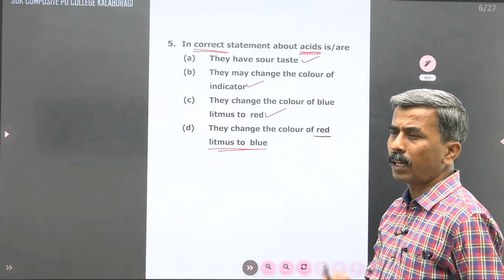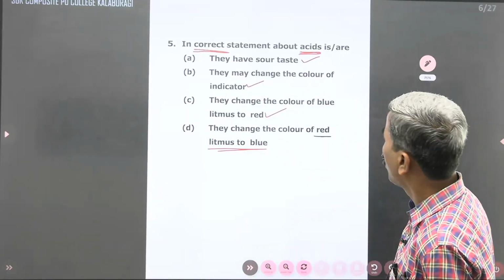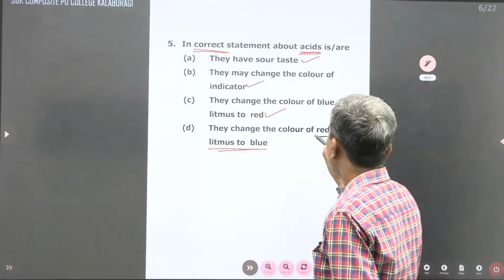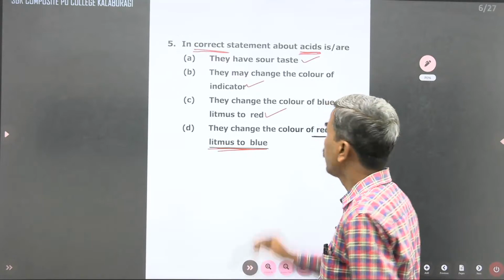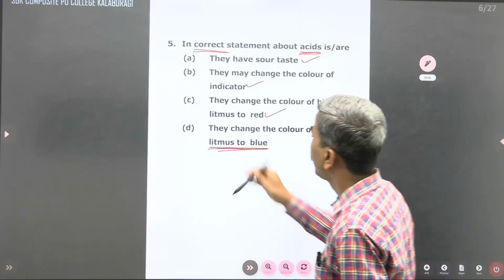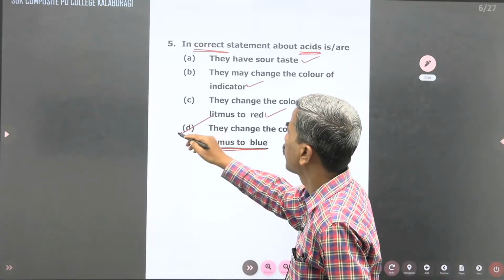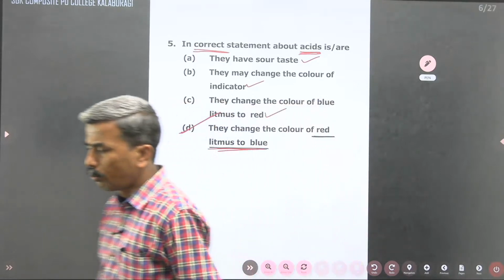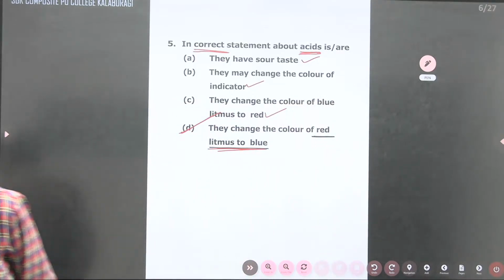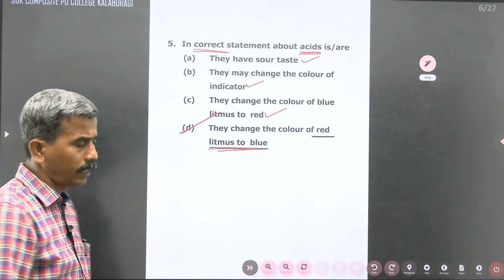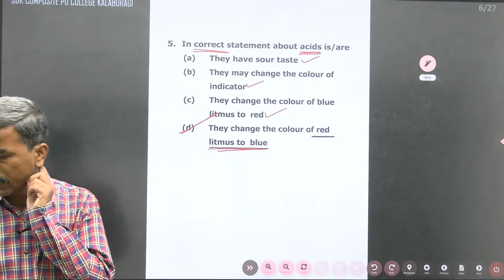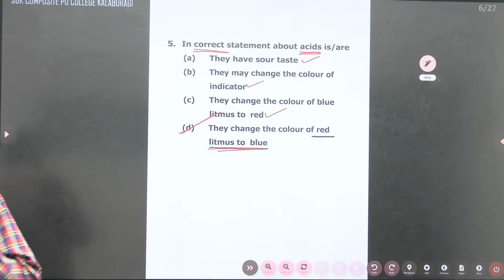If the solution or chemical compound has a basic nature, then it turns red litmus paper into blue. But here they are asking about acids. That's why this is an incorrect statement. So for question number 5, D is the correct option.